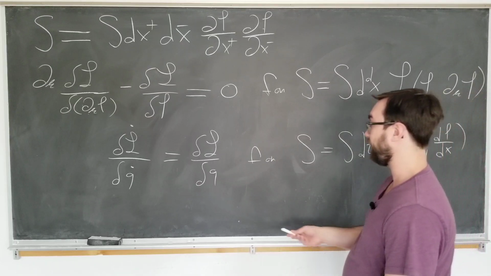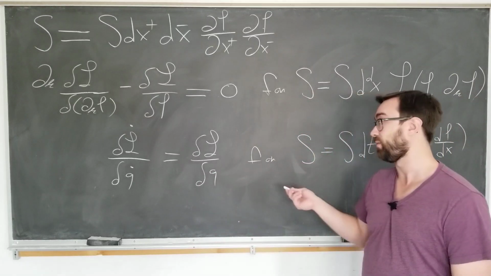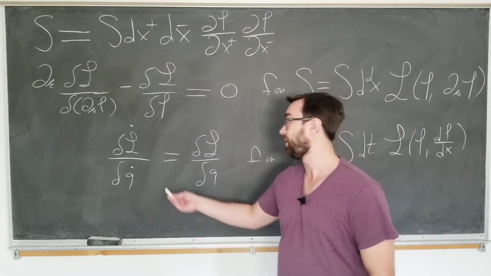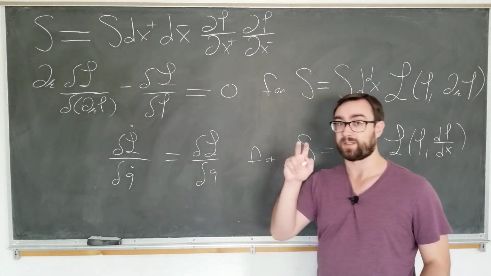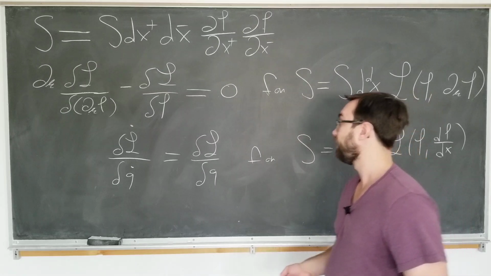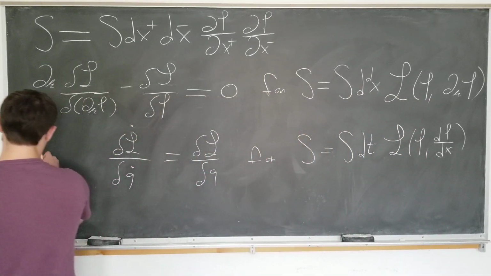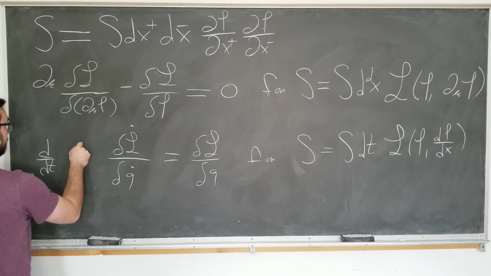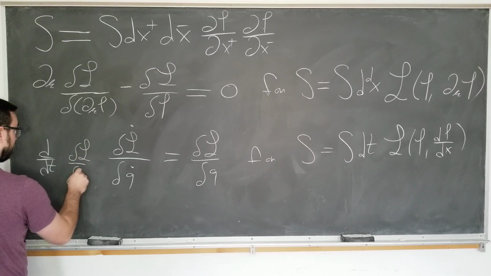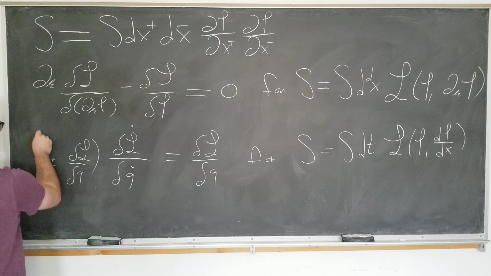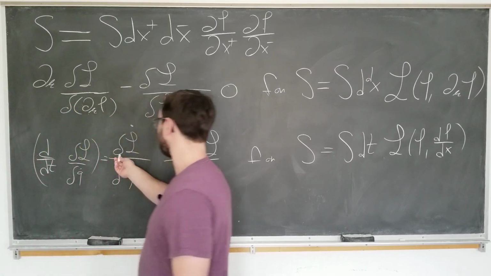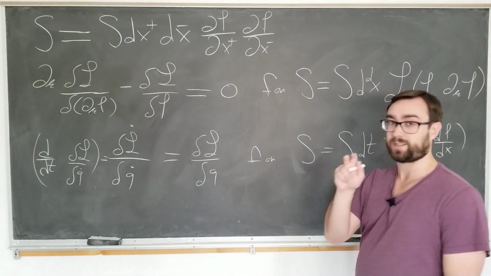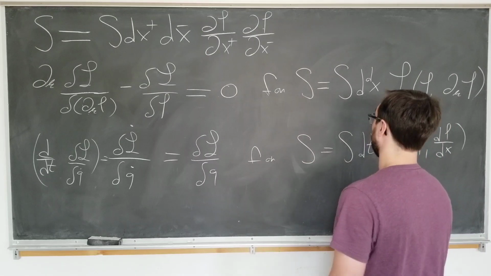And what I like about this formulation is it's easy to remember because you can think of the dots as canceling, which is really interesting. Obviously, if you wanted to, you could write this out as d by dt of dL by dq dot. They're the same thing. I like to remember it this way because the dots cancel. It's pretty funny. It's not true though.